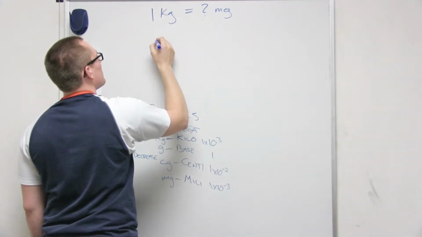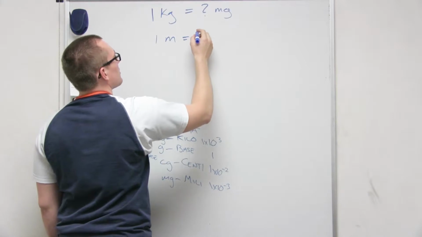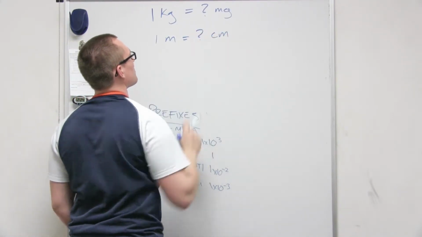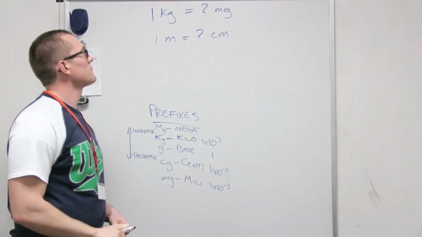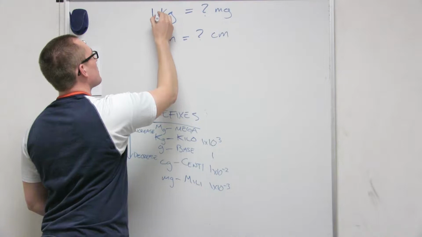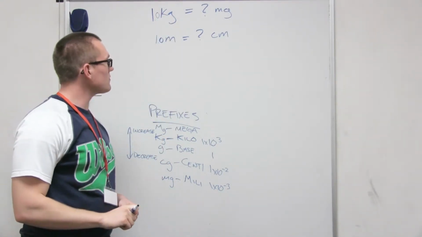And then 1 liter equals how many centimeters? I guess I should do this for you, so 0.0. There you go. That way you know where the decimal point is.